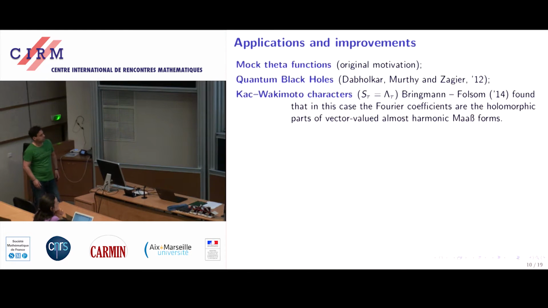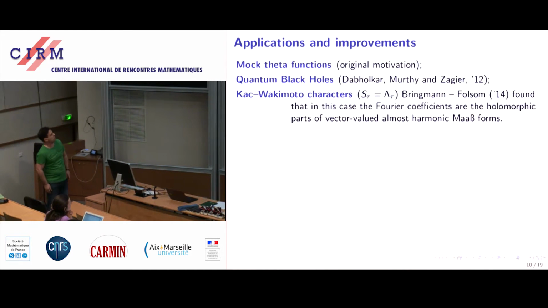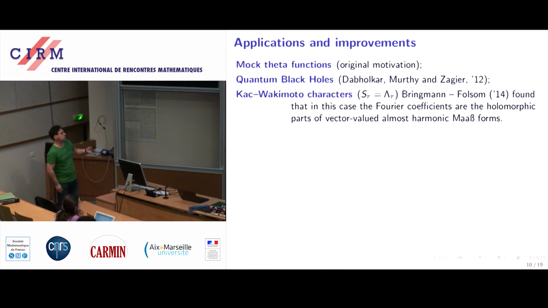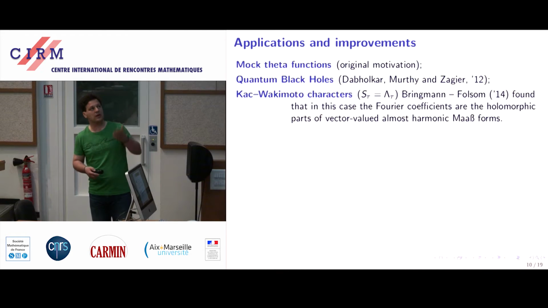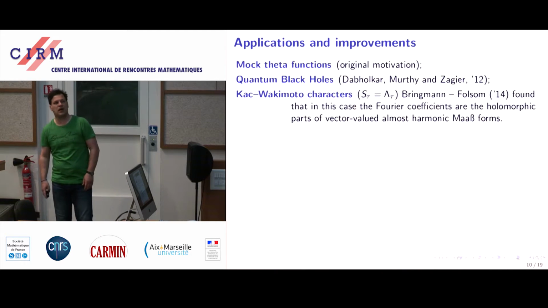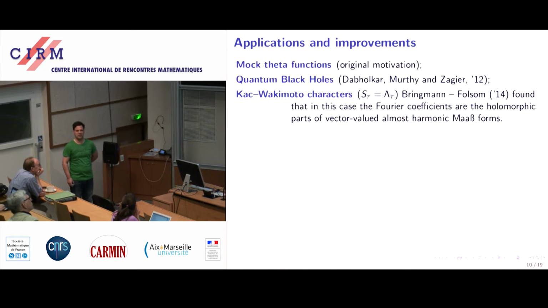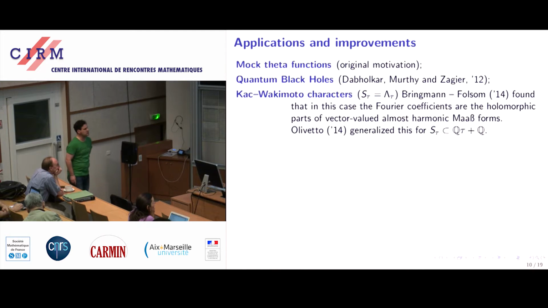So Amanda and Catherine did similar things in case of the Kac-Wakimoto characters, and they studied the modular transformation properties, kind of similar to what we did here. And they found that in this case, the Fourier coefficients are the holomorphic parts of vector valued almost harmonic mass forms. Okay. That was then generalized.